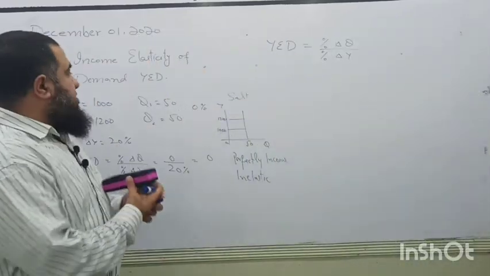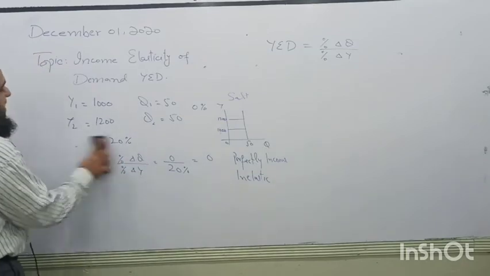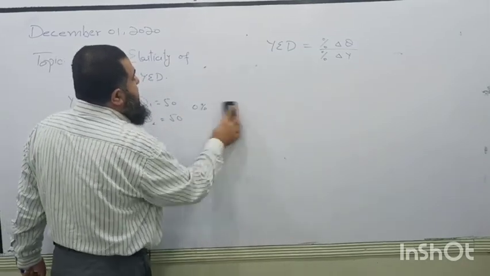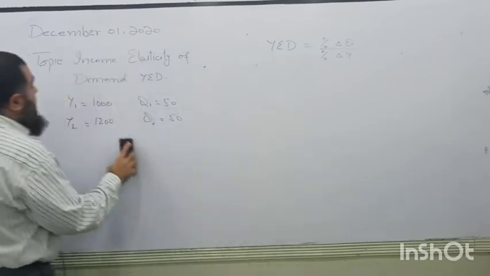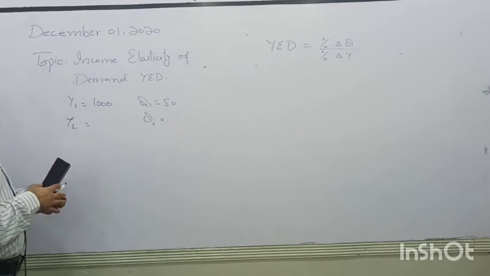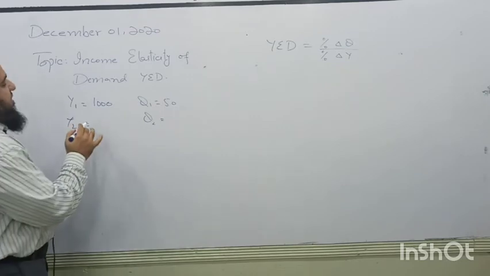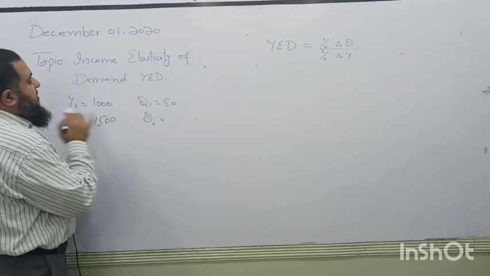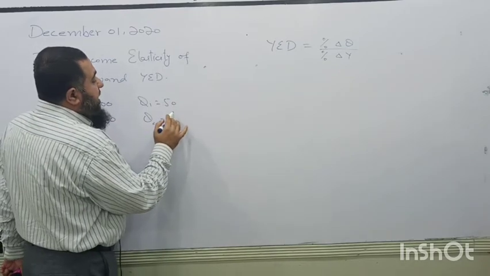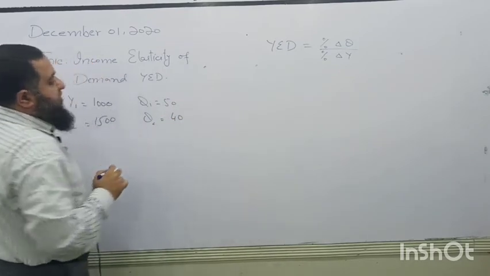Now come towards the last case of income elasticity of demand, in which we will find what? Now the demand will be falling due to an increase in income. I say over here, the income of the consumer is now 1500, but its demand has gone to 40.